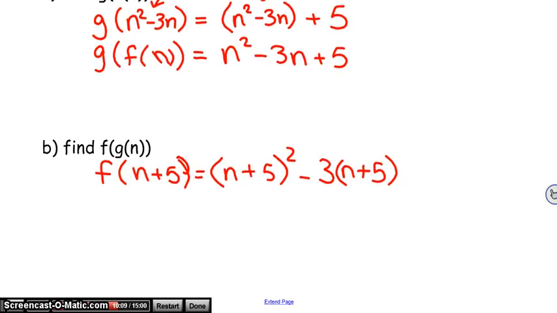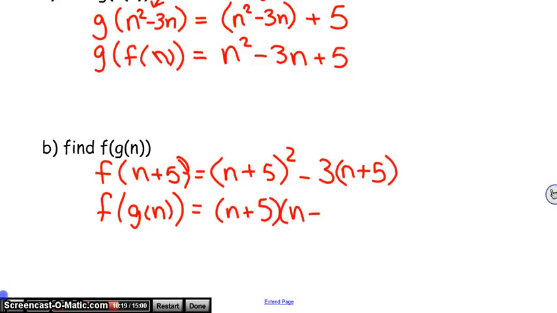Okay, let's simplify. So f of g of n is equal to, now n plus 5 squared means n plus 5 times itself. And I'm going to go ahead and distribute this negative 3. So negative 3 times n is negative 3n, and negative 3 times 5 is negative 15. And then I'll have to distribute n plus 5 times itself. N times n is n squared.